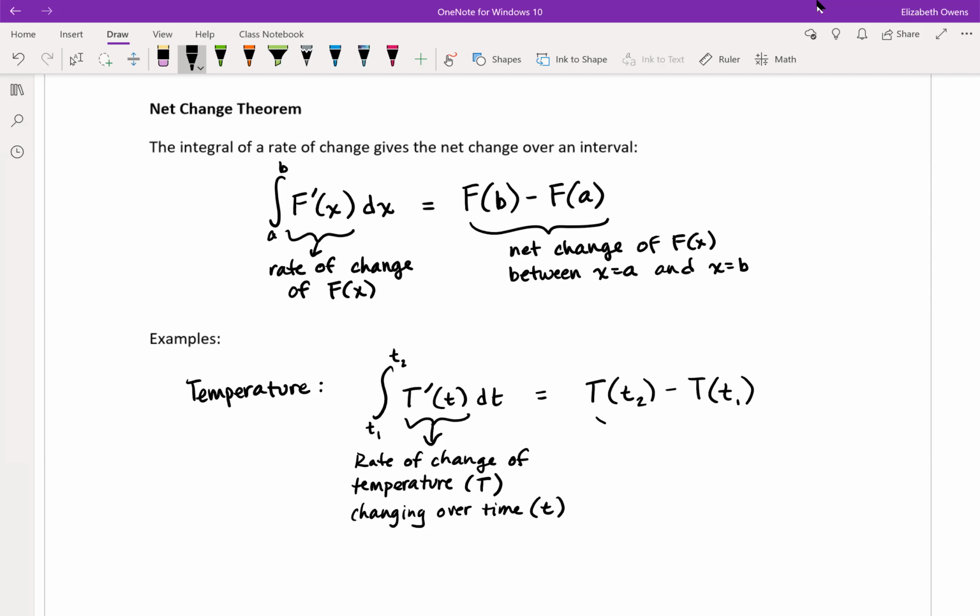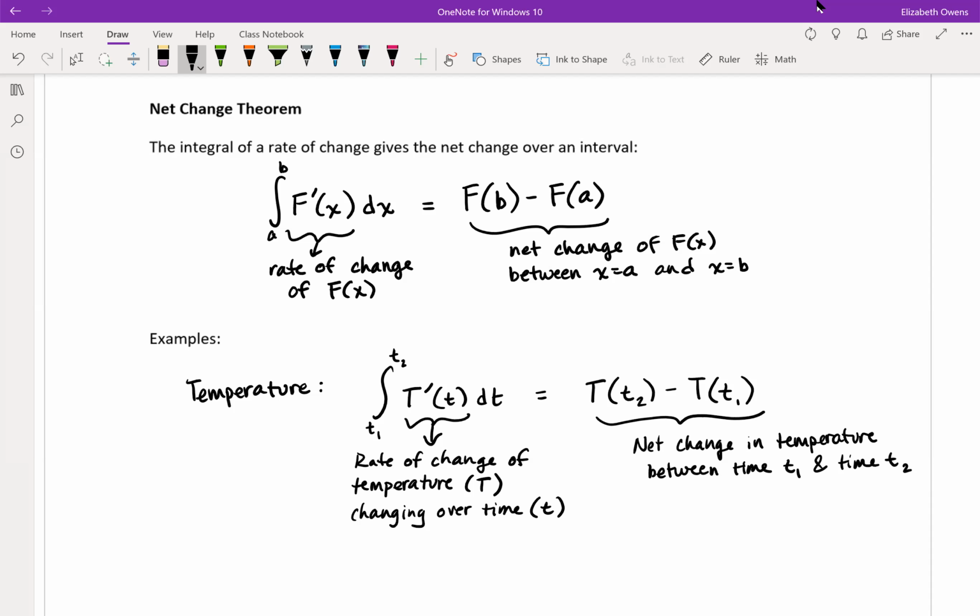Okay, so this over here is the change in temperature between those two times. We call that the net change in temperature between time t1 and time t2.